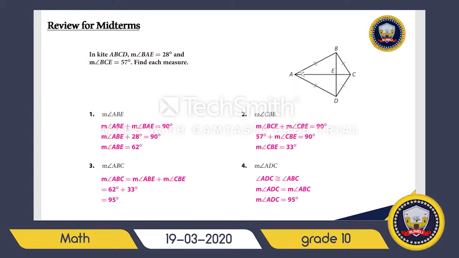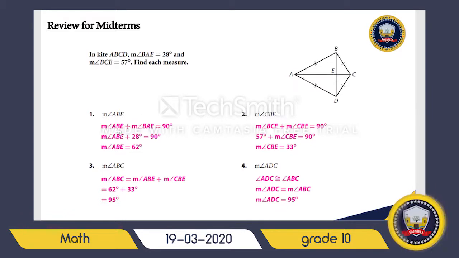Sorry, 180 degrees. This one should be 90 degrees because the properties of the kite say that the diagonals are perpendicular. So 180 minus 90 gives EAB plus ABE.